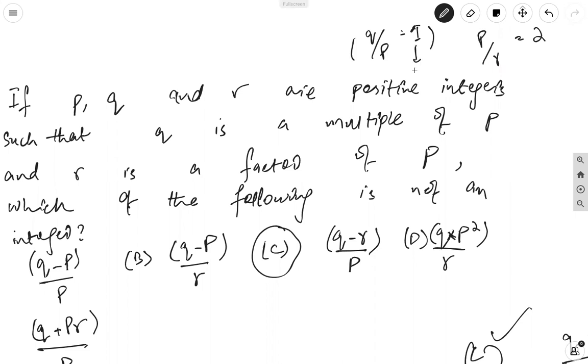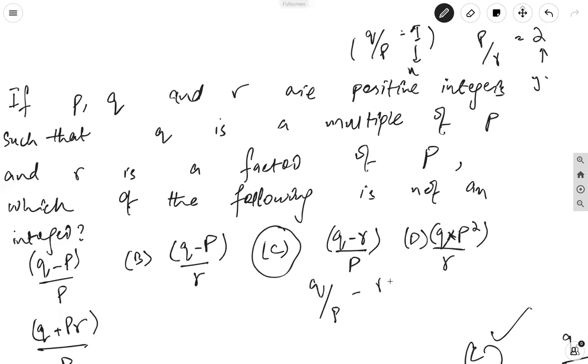You are assuming x is 1 and y is 2, but I have calculated I1 into I2. That is the Q by R value over here. What did you do? I'm not getting what you are saying.